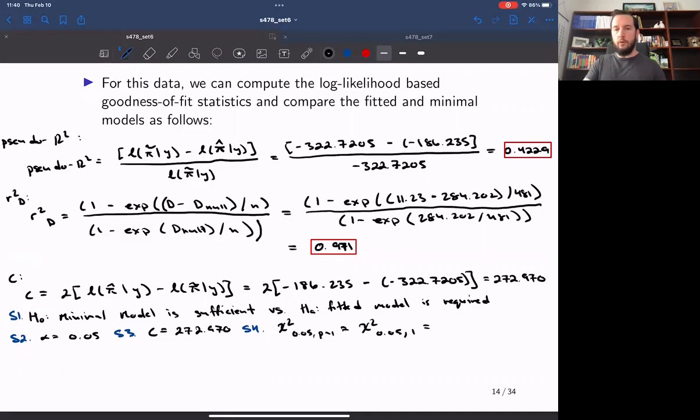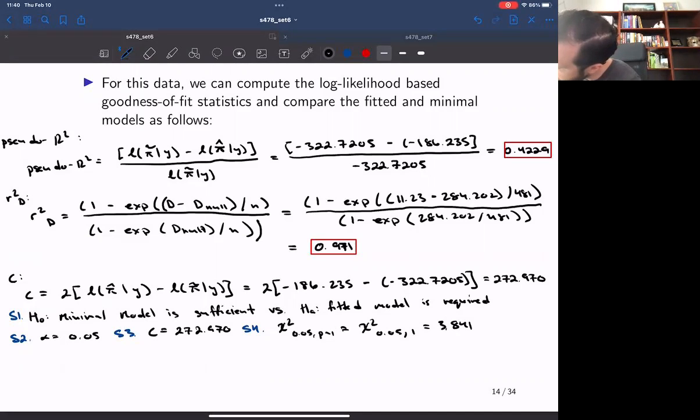Okay, so a chi-square 0.05, 1 degree of freedom, I believe, is 3.84. So this is clearly well within the rejection region in this case.